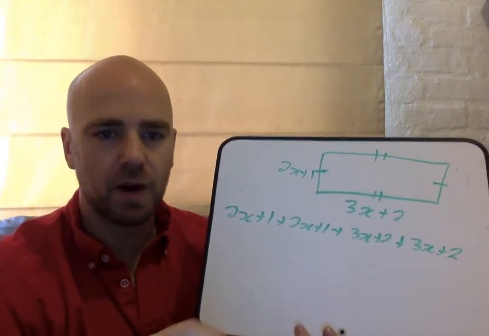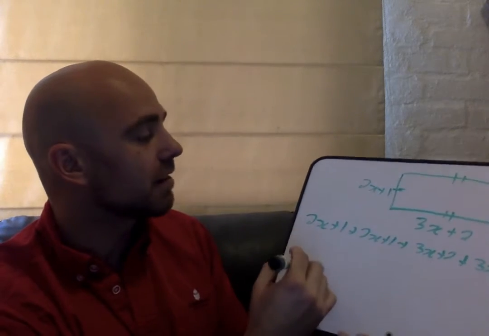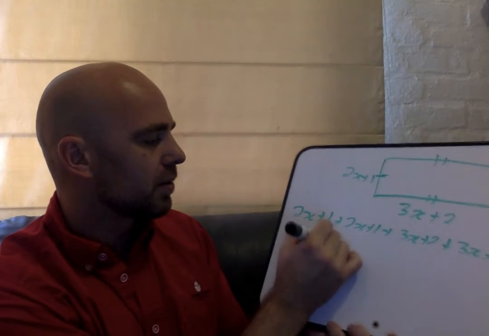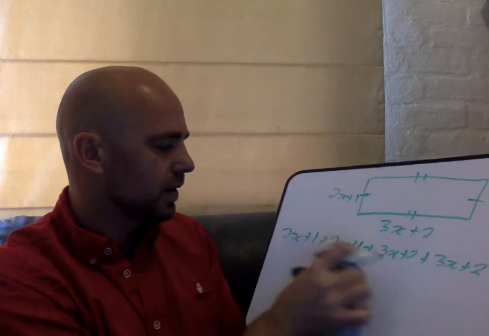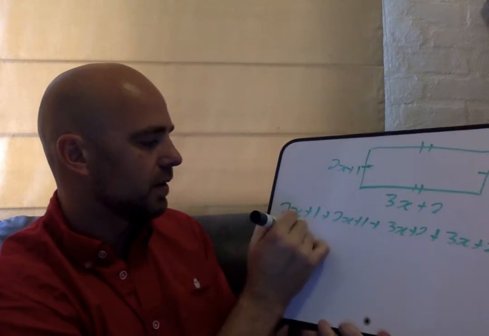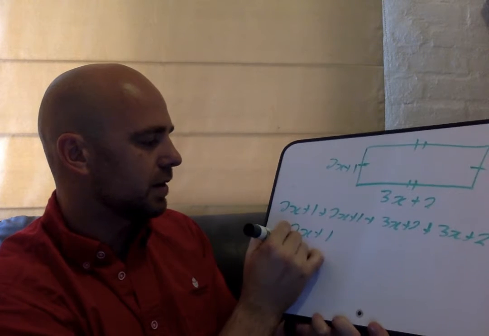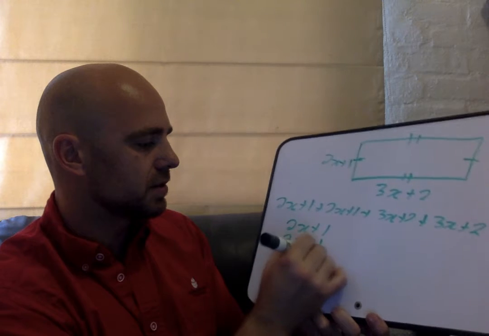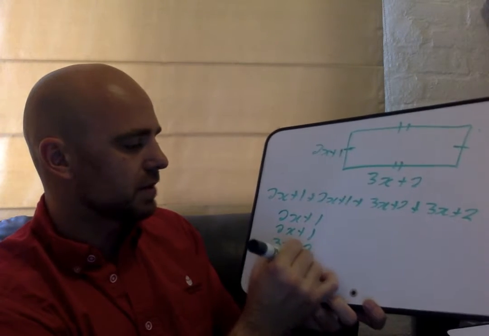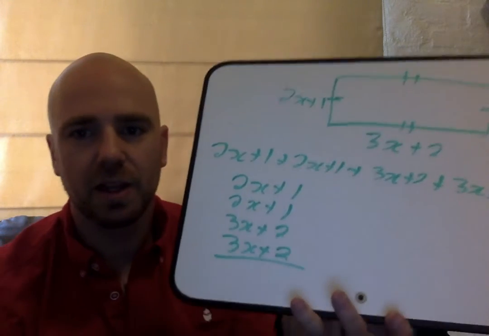I can also stack them: 2x plus 1, 2x plus 1, 3x plus 2, 3x plus 2. Then I can look at it this way.